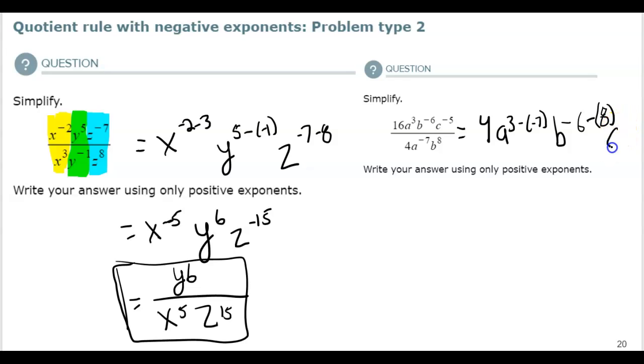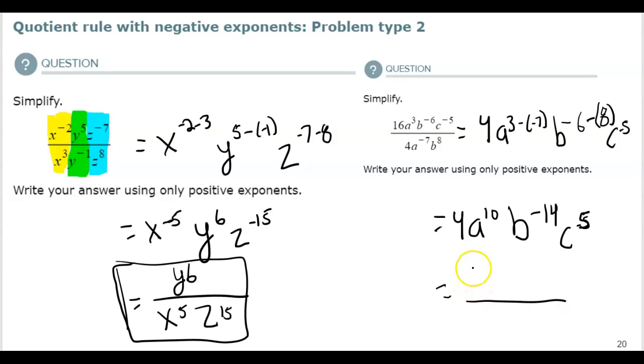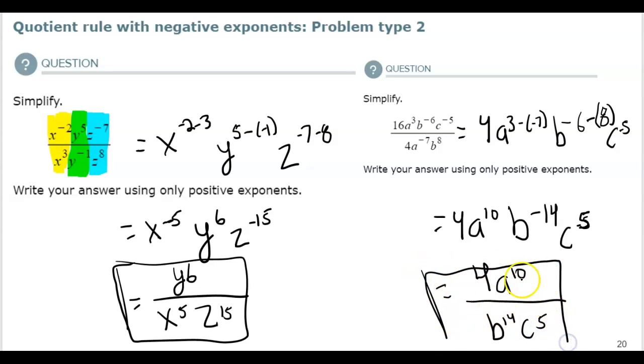And then I still have c to the negative 5. So if I rewrote all that, that's a to the 10, b to the negative 14, c to the negative 5. So my numerators, I have a and the 4, my b and my c go to the denominator.